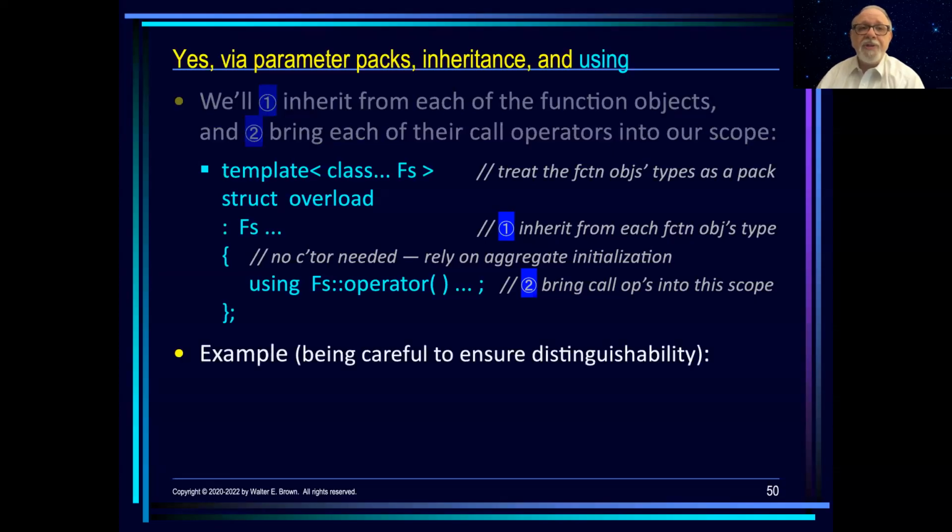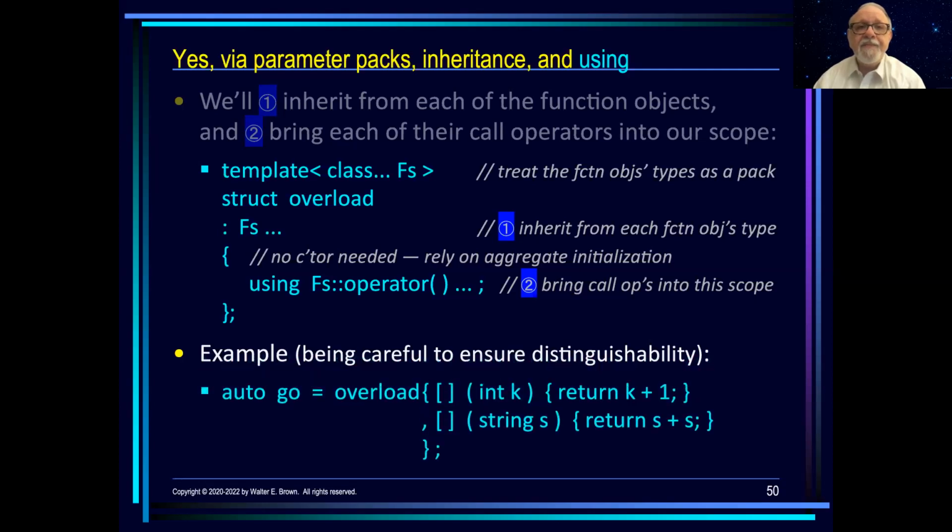And how would we use this? Like this. Supply overload, in this example with a pair of lambda expressions, each of which, of course, produces a closure. We're relying on aggregate initialization.